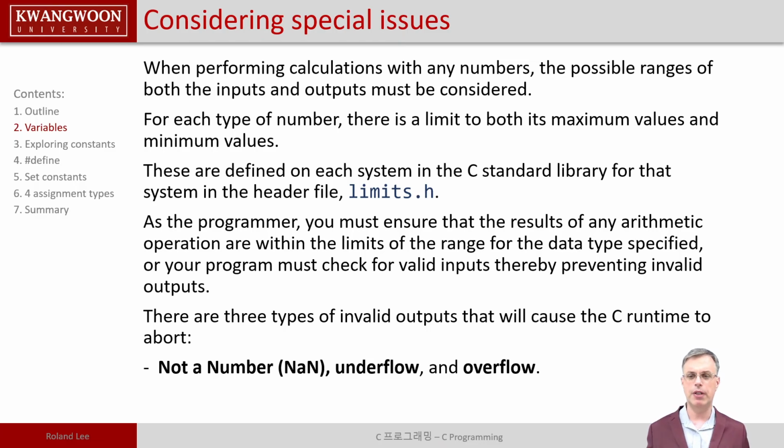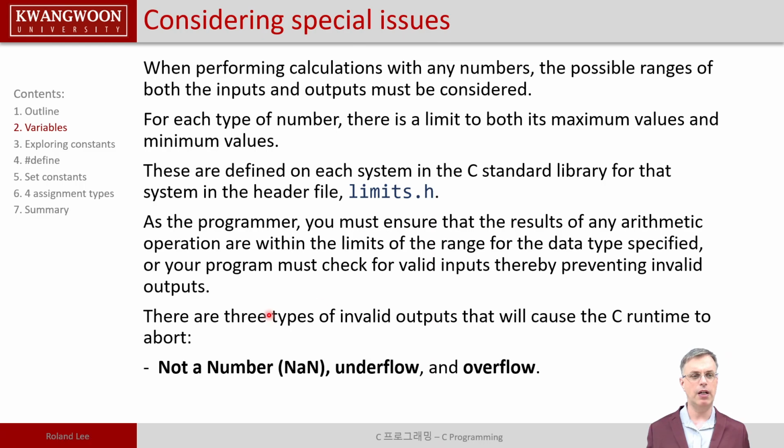And as a programmer, you must ensure that the results of any arithmetic operations are within the limits of the range for the data type specified, or your program must check for valid inputs, thereby preventing invalid outputs.